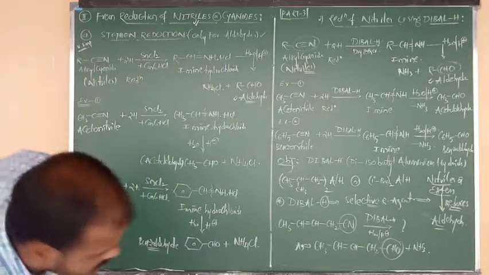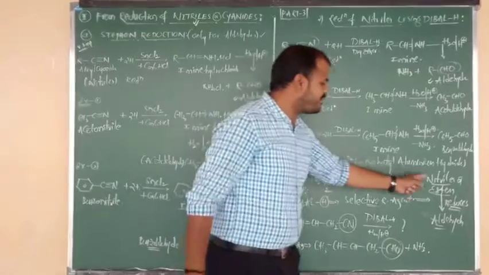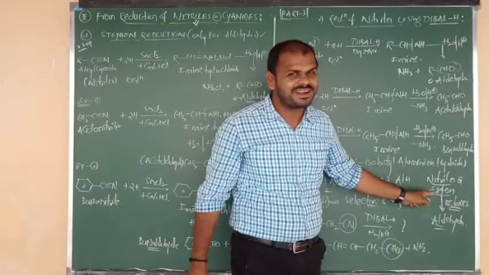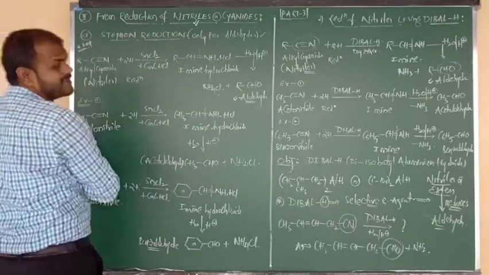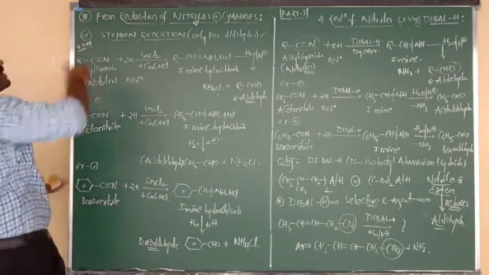Sir, you have given the information only for nitriles, but one more topic is there. What is that? Ester. That ester is a very special method. We will discuss that in the third method. Yes, third method of preparation.